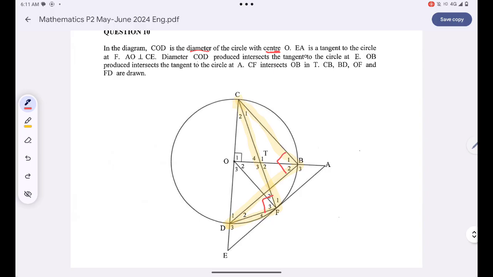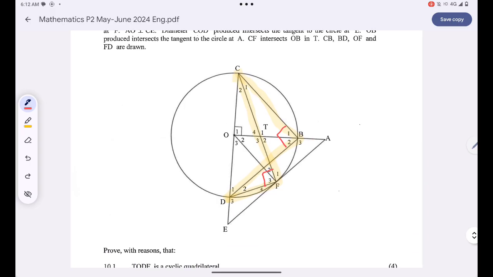Okay, and then as we continue, the statement says EA is a tangent to the circle at F. Since I only have one tangent, I don't need to think about the theorem that talks about two tangents which come from the same point. The only theorem I need to think about is the one which states that the angle between the tangent and the chord is equal to the angle subtended by the chord in the alternate segment, such that angle F4 will be equal to angle C2.